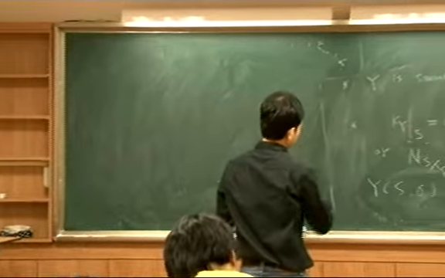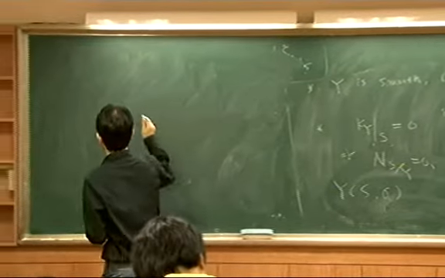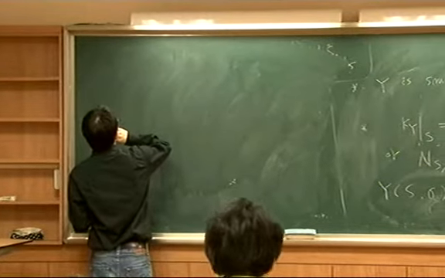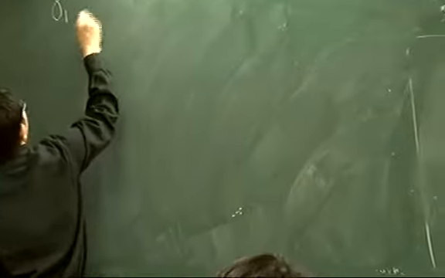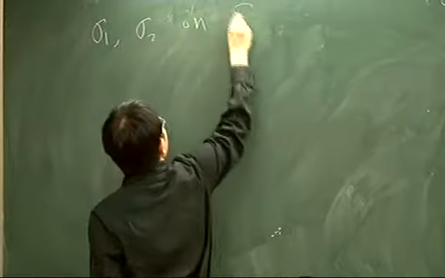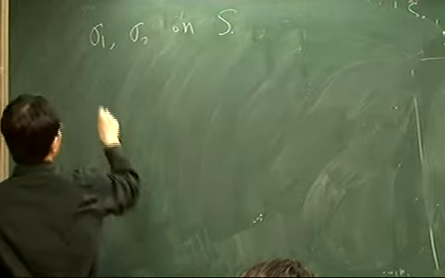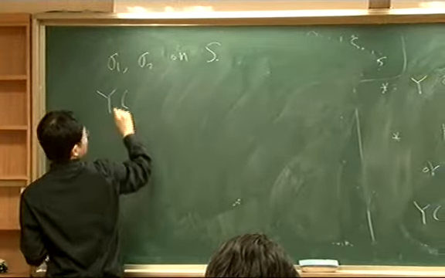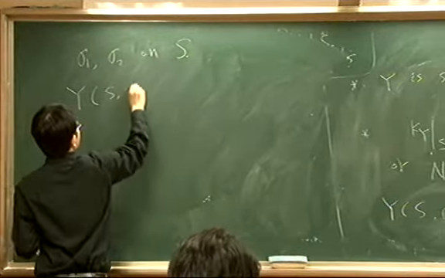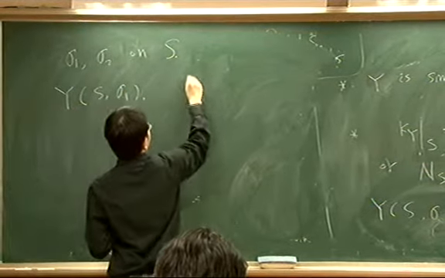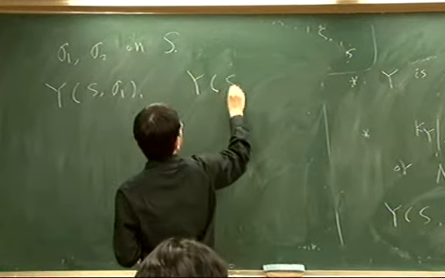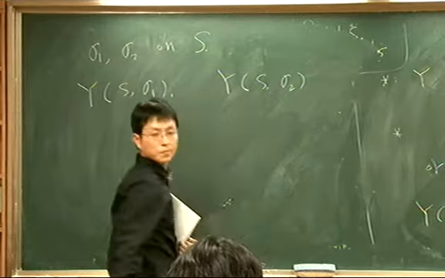Let's say there are two non-symplectic involutions, rho 1 and rho 2, on the same K3 surface. Then you can prepare Y(S, rho 1) and Y(S, rho 2).